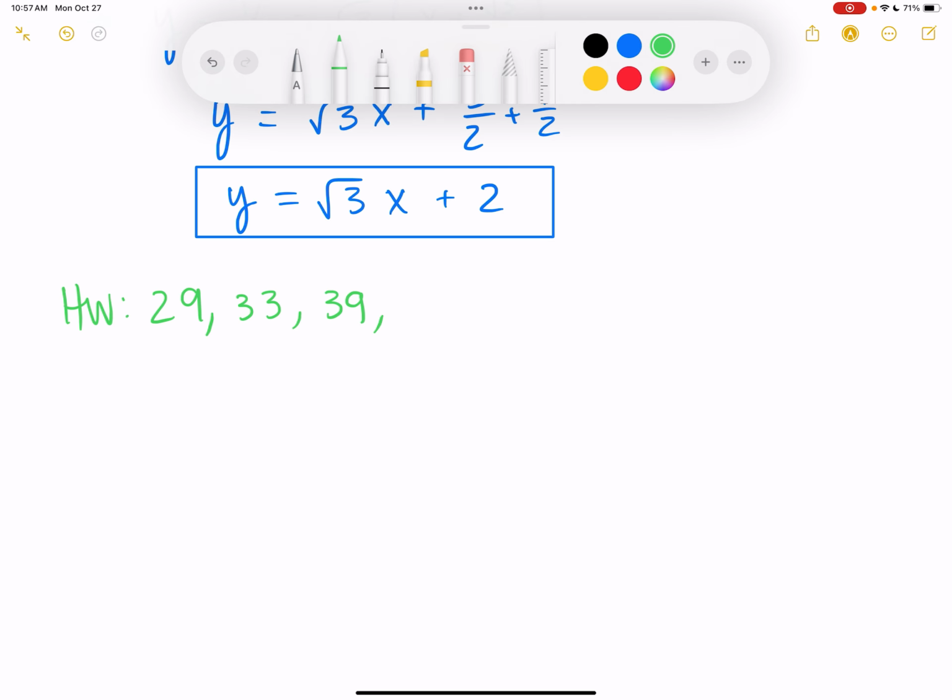And then 41 and 45. And then we'll plan to start, unless you have questions tomorrow, or well, I'll give you time tomorrow to work on this, and then if we have time, we'll get started on the next section, and if not, we'll just do it on Wednesday. But this section I usually give at least 3 days.